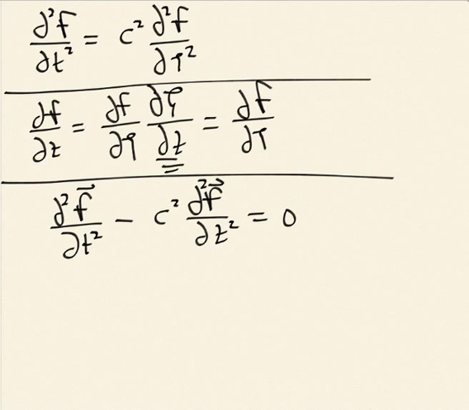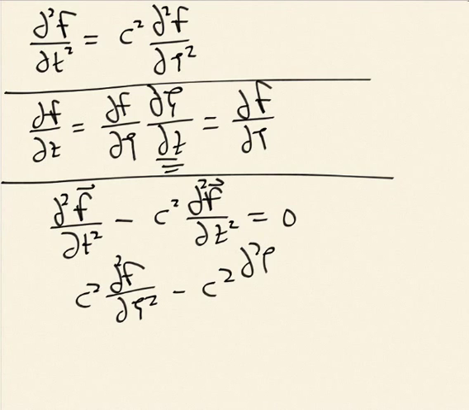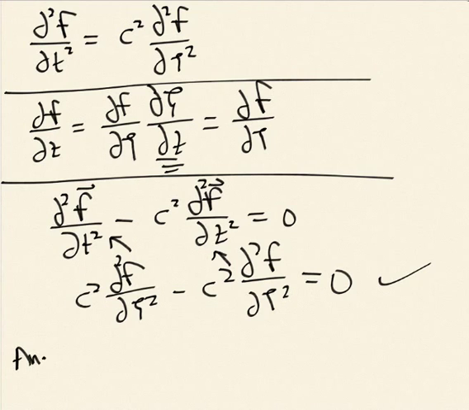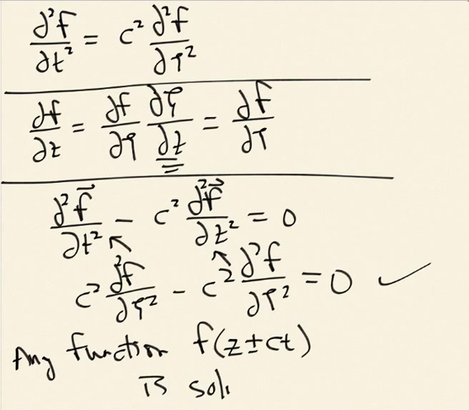If I plug in what I found from above, I'm going to have d squared f d squiggle squared minus d squared f d squiggle squared, just replacing these two derivatives with derivatives with respect to the only argument of the function, which I like to call squiggle. And so this solves the equation. Any function that is just a function of z plus or minus ct is a solution of this equation.